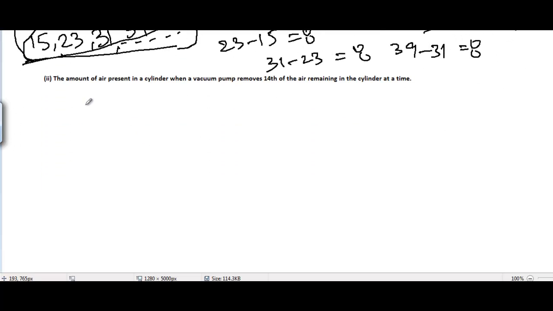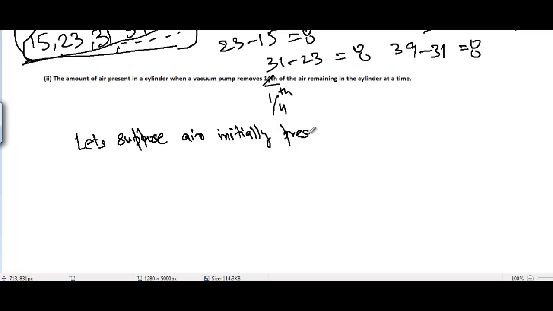Okay, now going to the next problem. The problem is the amount of air present in a cylinder when a vacuum pump removes 1/4 of the air remaining in the cylinder at a time. So let's suppose that the air initially present in the cylinder is equal to V. Now they are saying that each time 1/4 of the air is removed from the cylinder.